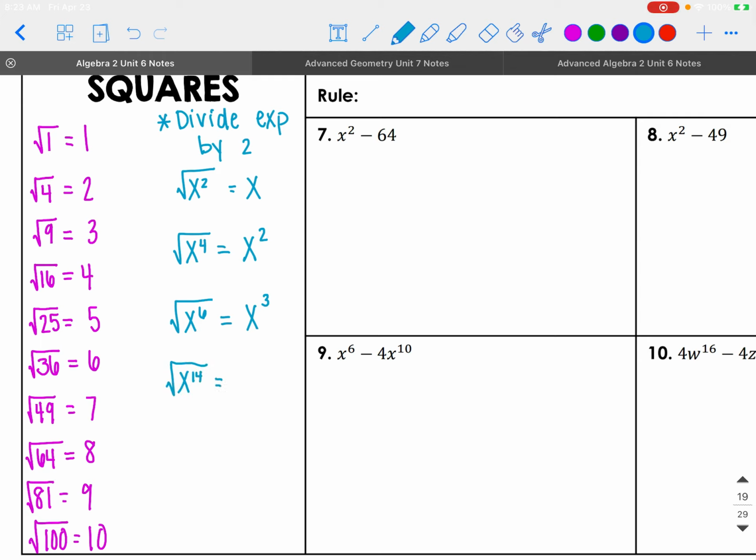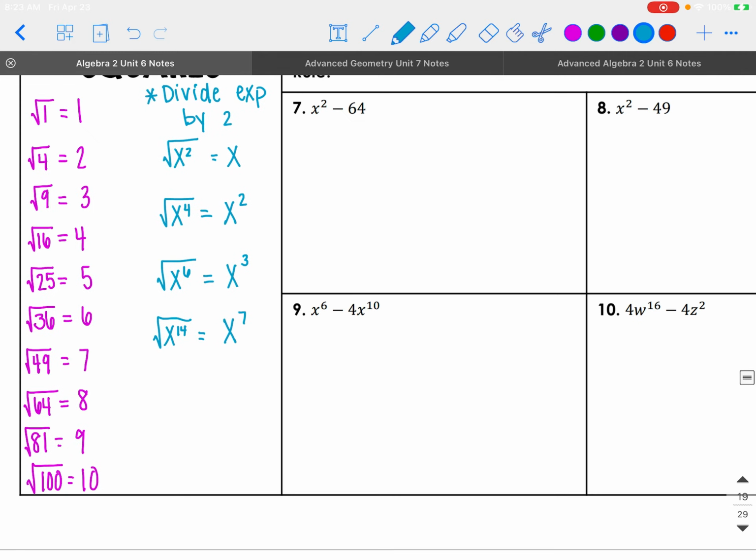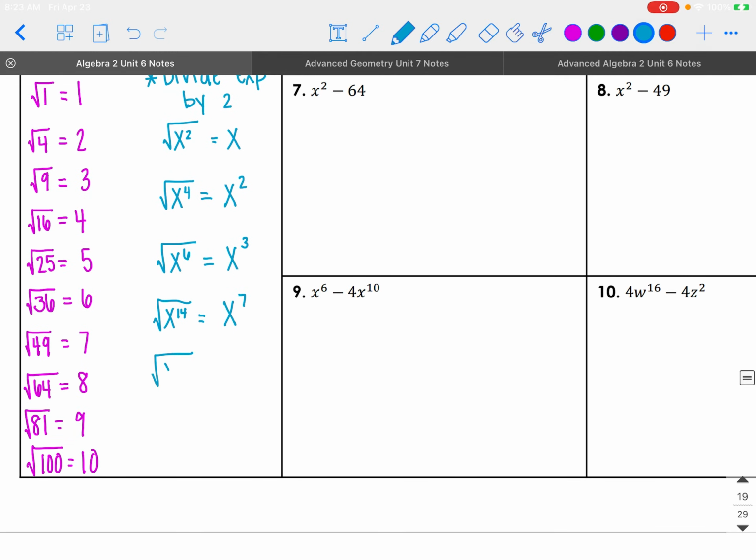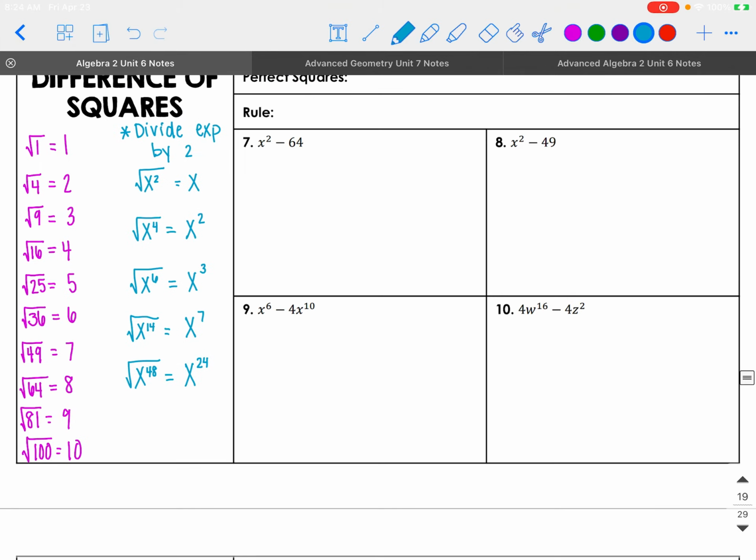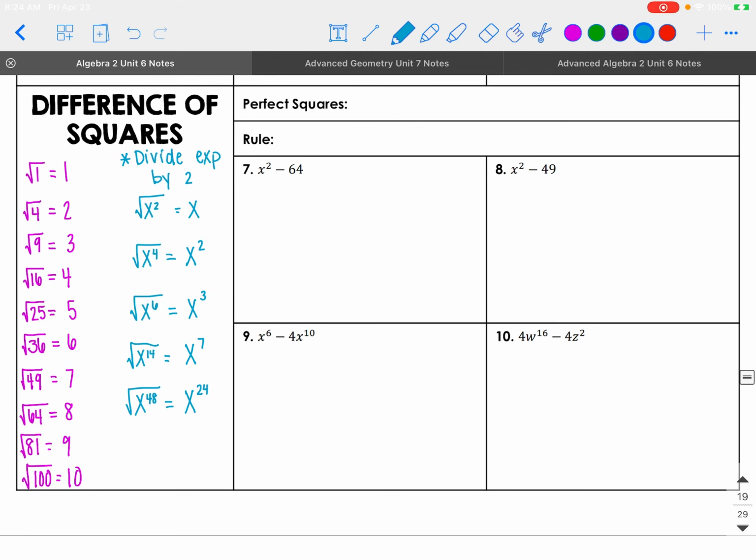What about the square root of x to the 14th? That's x to the 7th. What about the square root of x to the 48th? That's x to the 24th. So when you have a variable and you go to take the square root, you divide the exponent by 2.